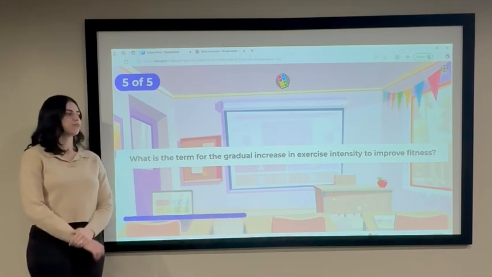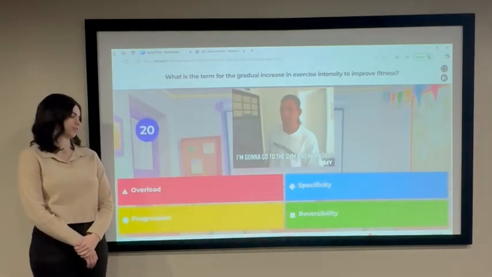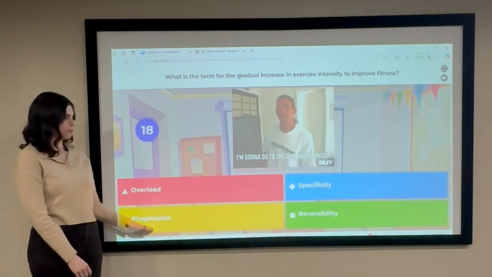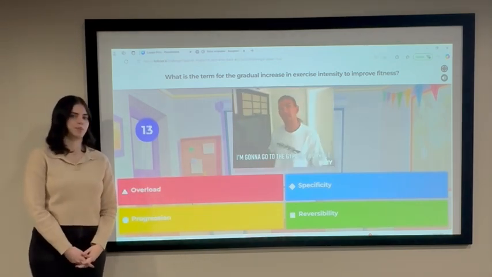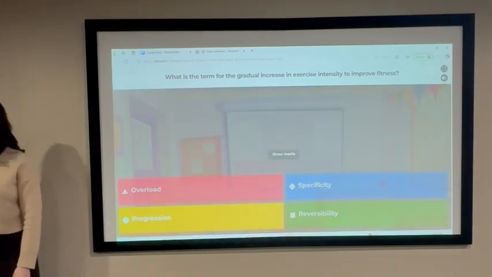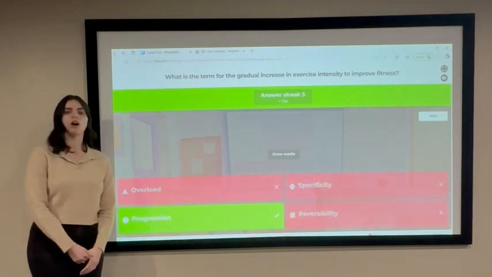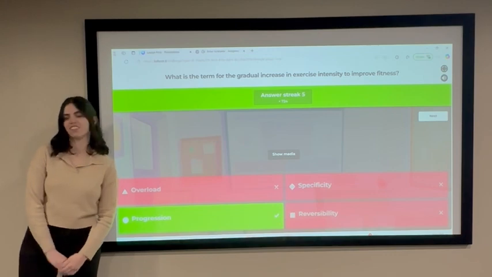Finally, what is the term for the gradual increase in exercise intensity to improve fitness? Overload, progression, specificity, or reversibility? If you chose overload, you are incorrect. But if you chose progression, you are correct. Congratulations.